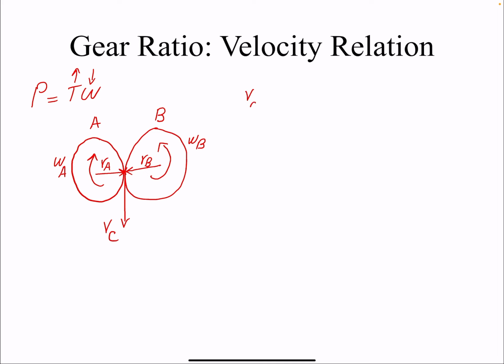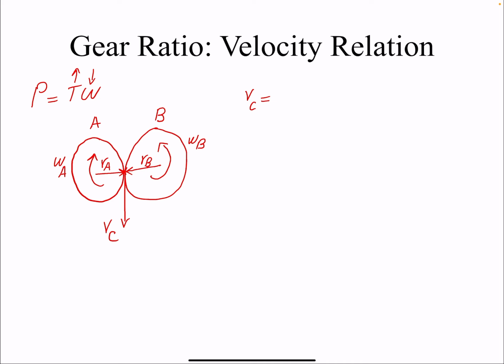Do you know why the velocity is the same for both gears at the point of contact? It is because we don't have any slipping or sliding; it is pure rolling.